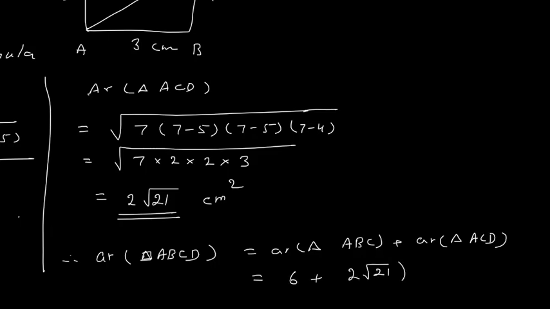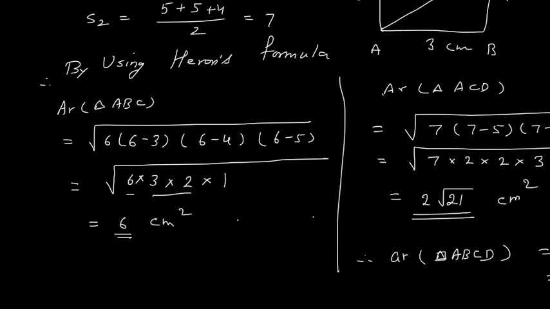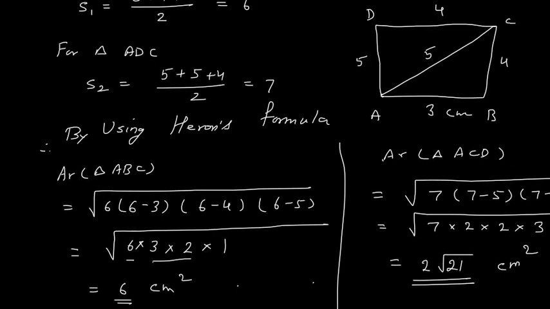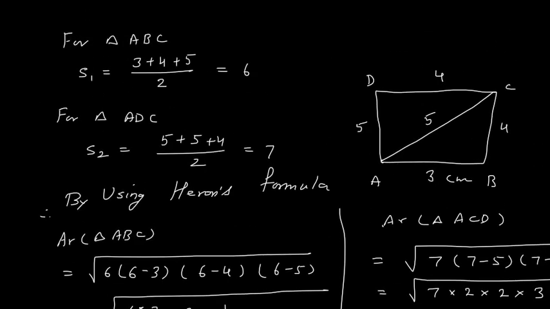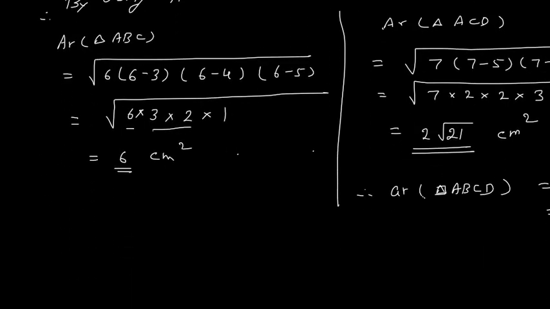So 6 plus 2 root 21 centimeter square is the answer. You can take 2 common, so 2 times 3 plus root 21 centimeter square. Now here I don't recommend that you find the value of root 21. It is not asked, so you can put your answers in root.